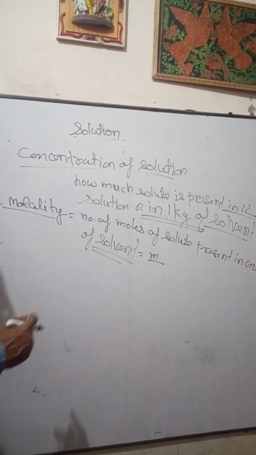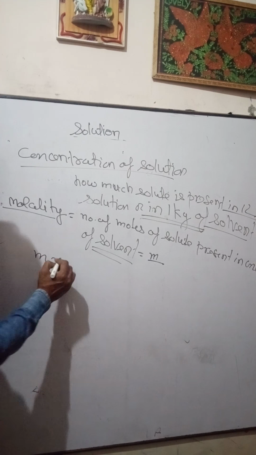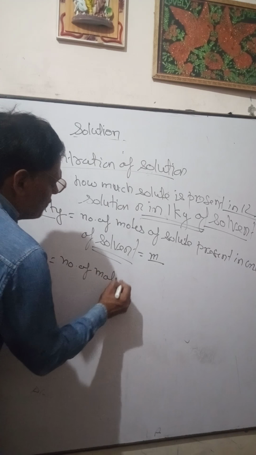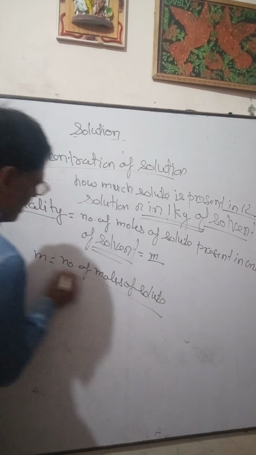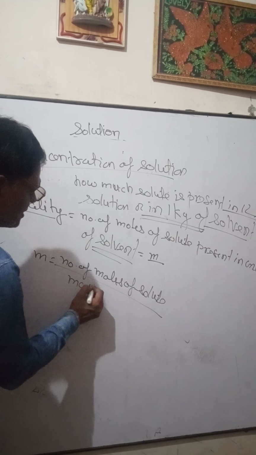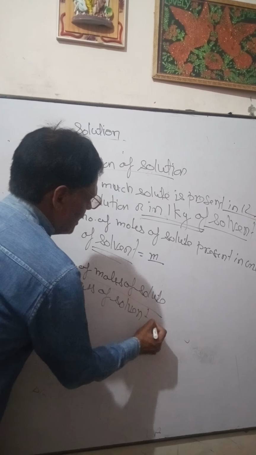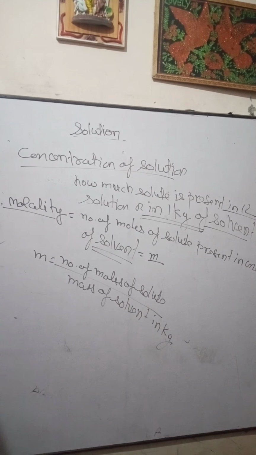Molality m is equal to number of moles of solute divided by mass of solvent in kg. Now this topic is over.